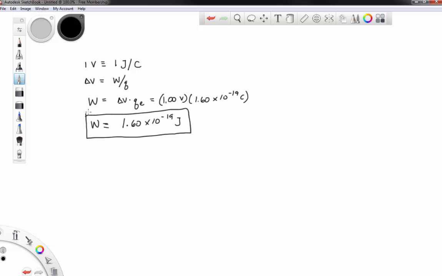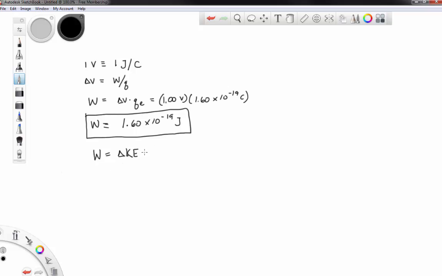The other part of the question was that we wanted to know how fast the electron would be moving. So remember that the work done is going to be equal to the change in kinetic energy. That's the work-energy theorem that was mentioned in chapter 4, the chapter on energy and work.